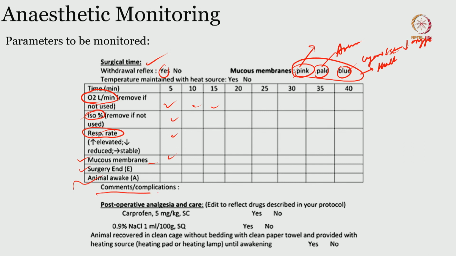If there are any untoward incidents during the anesthesia or surgery, that also needs to be documented, because all these are going to have a bearing on the outcome, surgical outcome or the functional outcome if you are doing the chronic study.